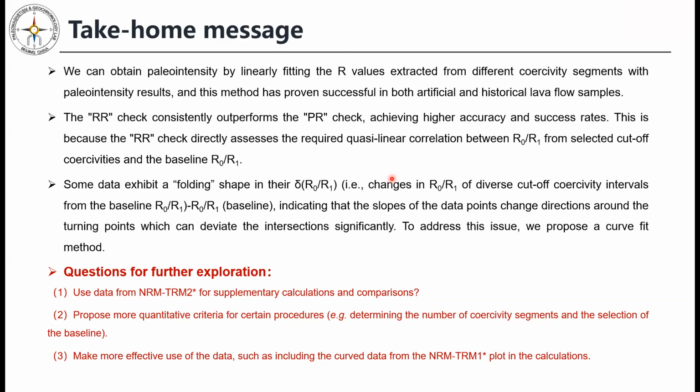We just subtract the remanence after the maximum AF, and for this study the maximum AF peak field is 150 millitesla. We subtract the remanence that is higher than this peak field, and we just focus on the coercivity range between 0 and 150 millitesla.